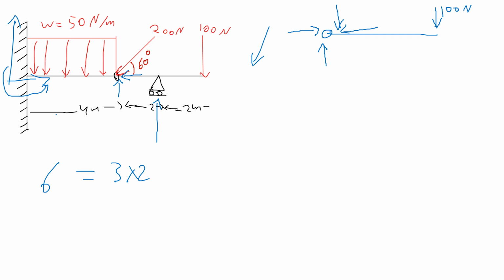So going back to our drawing, we're going to analyze it. We're going to say x equals 200, which is the force value. The force is 200 Newton, as is shown in the question. So 200 cosine 60, and then y equals 200 cosine 60.